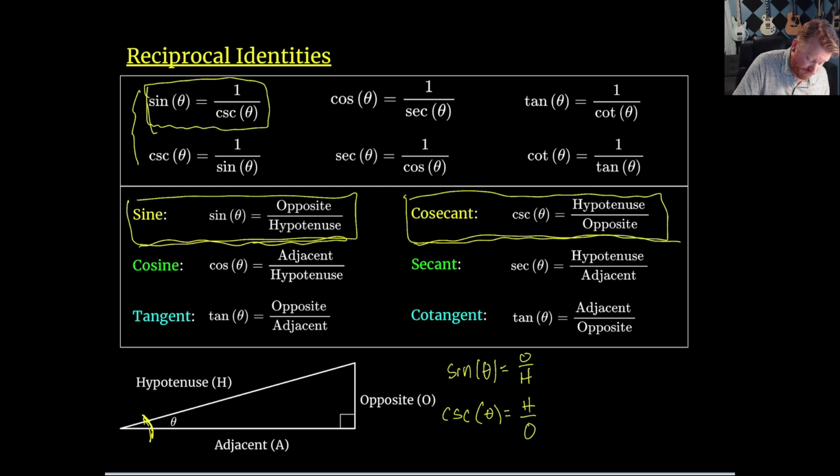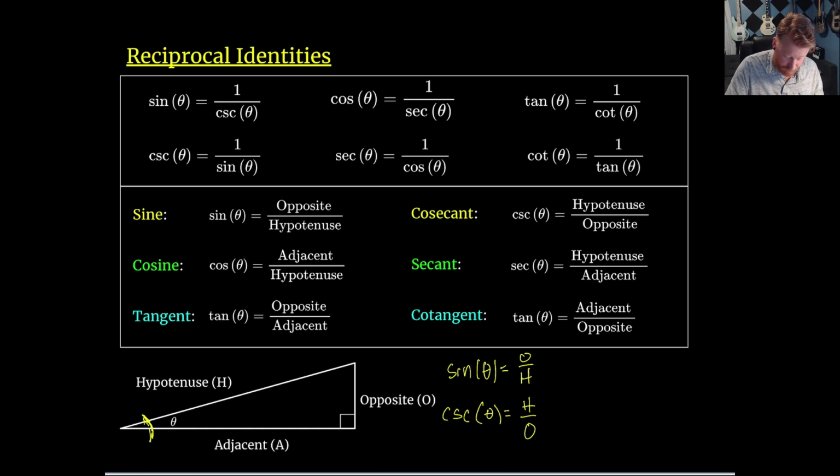So I don't think it's too big of a jump to just say, yeah, then we could just write this sine of theta is equal to 1 over the cosecant of theta because they are reciprocals of each other, and vice versa. I can write cosecant of theta as 1 over sine of theta because they are reciprocals of each other. But if that argument is a little too hand-wavy for you, which it might feel like, we can do this a bit more directly with some of this notation that we've written down here.